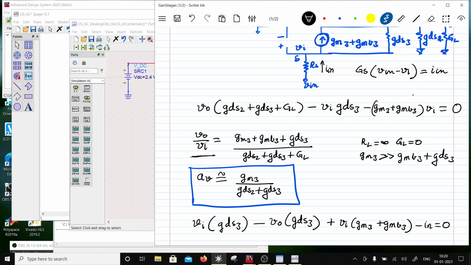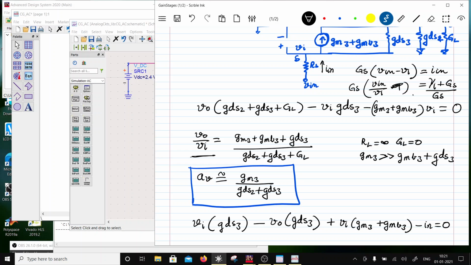Okay, so now VIN by VI, I in by VI is YI. So YI will be equal to VIN by VI minus 1, and then you have a GS here. So this 1 would come as a GS over here and then divided by GS. So I was doing a mistake here.